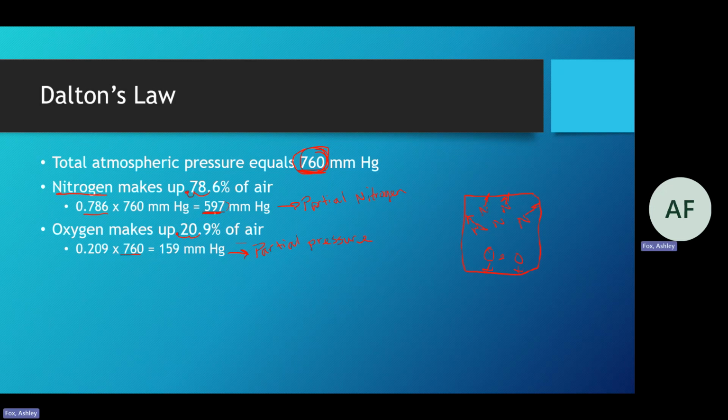So there's a higher partial pressure of nitrogen than there is of oxygen, based on the amount of molecules that are there.